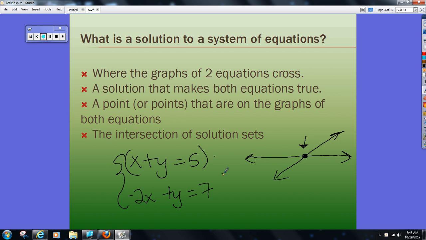But for the most part, we're going to deal with lines and a couple of extra ones in between. So the solution is that one point that makes both equations true, and that point is on both equations, the intersection of solution sets. The other way you could think of it is if I have a table for this equation and a table for this equation, this point is going to be the one point that's on both lists, both solution set lists.